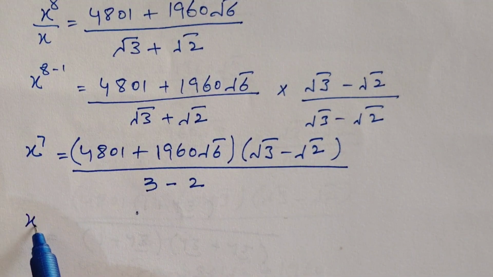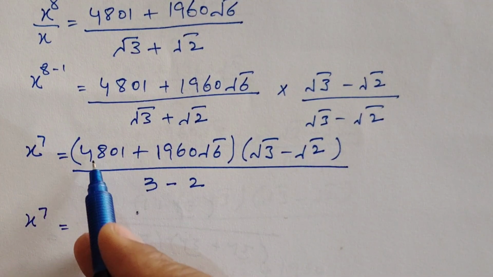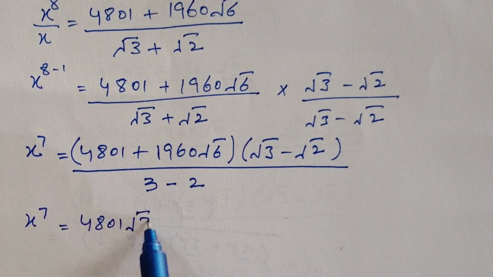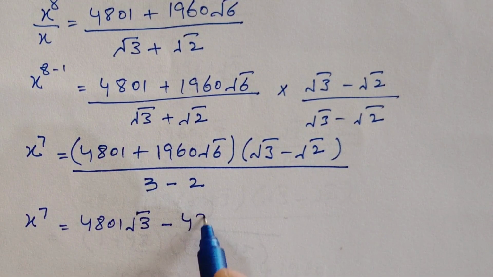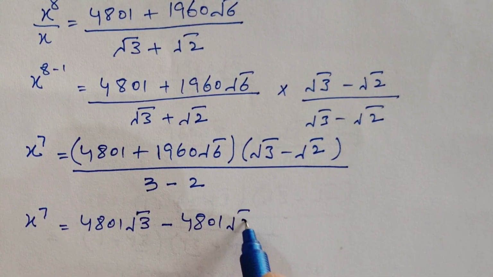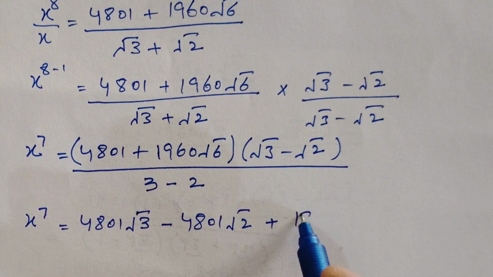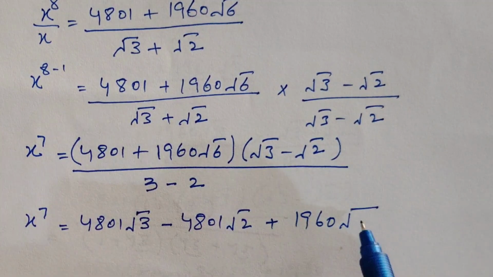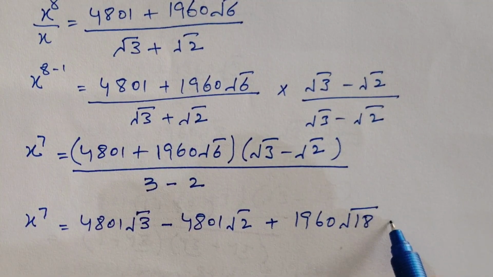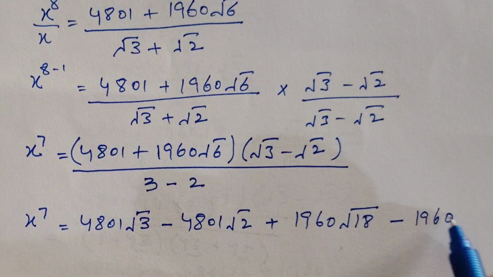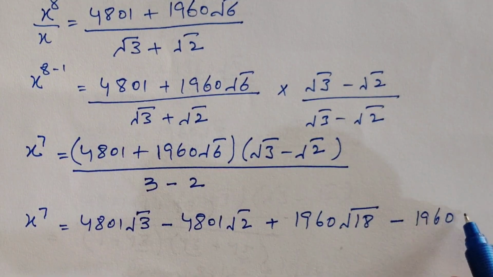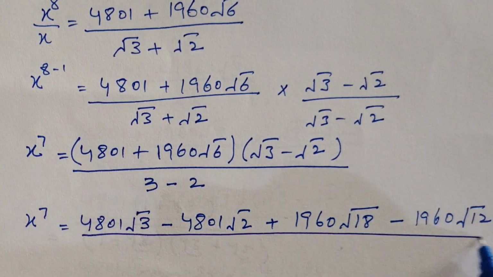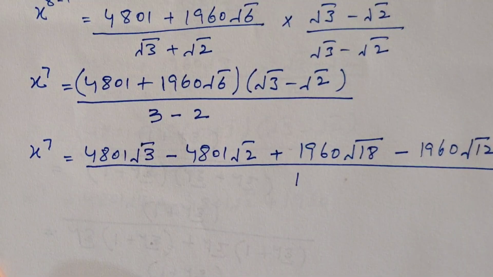X power 7 is equal to, now we multiply both, 4801 square root 3 minus 4801 square root 2 plus 1960 square root 18, 3 by 6, 18, minus 1960 square root of 6 into 2, 12, divided by 3 minus 2 is equal to 1.